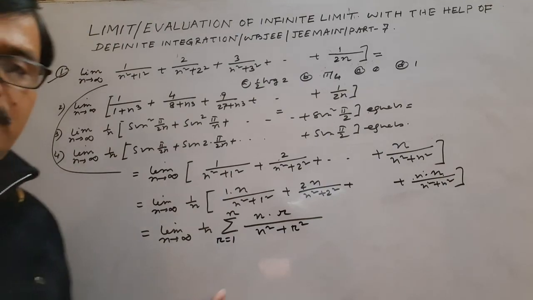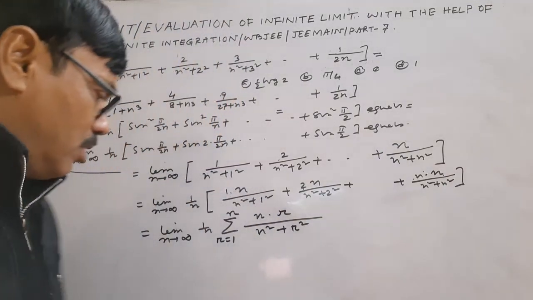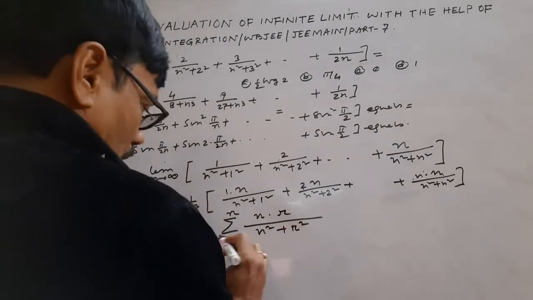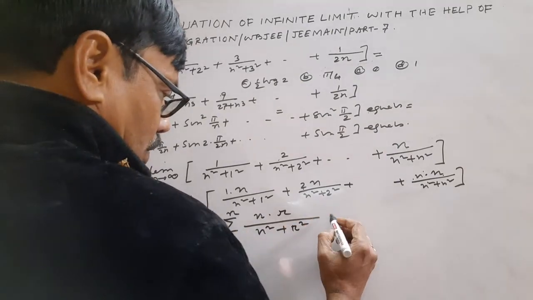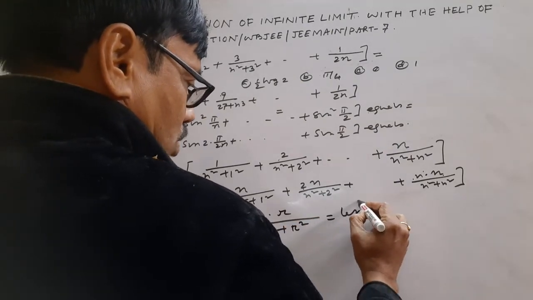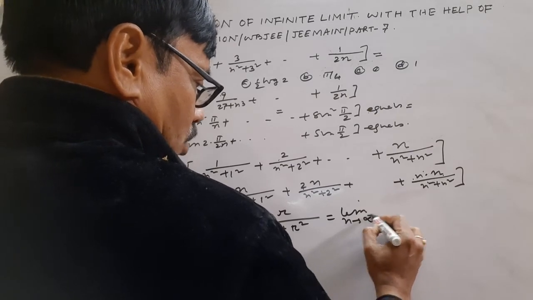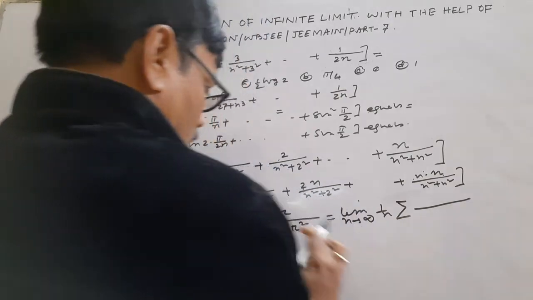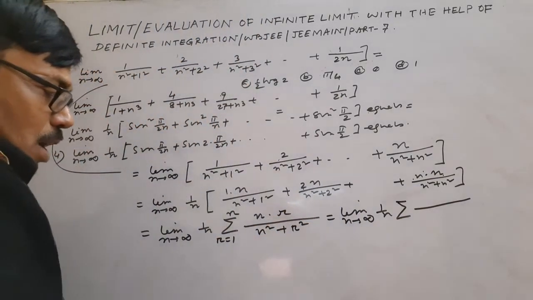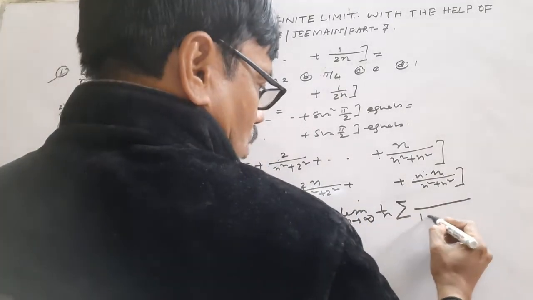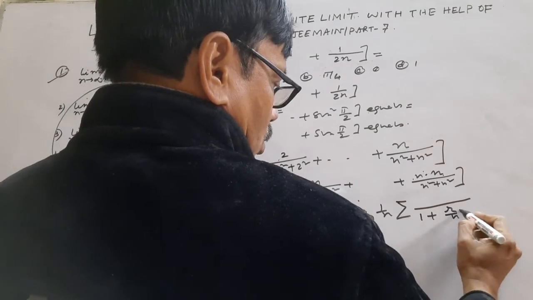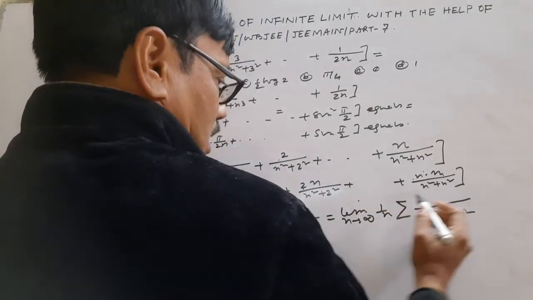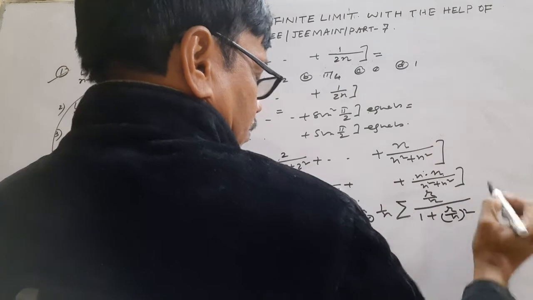Now our main aim will be to express this as a function of r by n. So limit n tends to infinity, 1 by n unchanged, function of r by n. So divide by n square. So 1 plus r by n whole square, and n cancels with r by n.